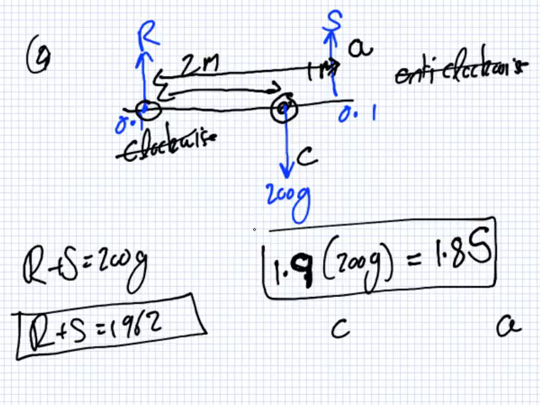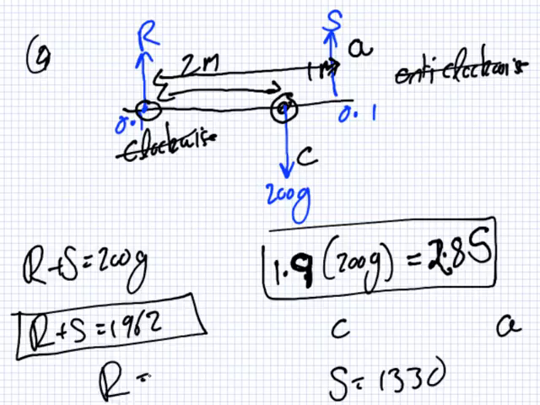That's 0.2 minus 2 is 1.5. Sorry, no, I'm wrong. 2.8, not 1.8. It's 3 in total. Okay, so 1.9 times 200 times G divided by 2.8. So I get my S is 1330, so then I can get my or.